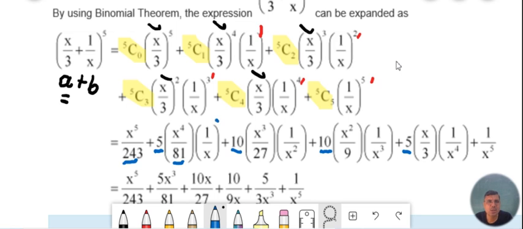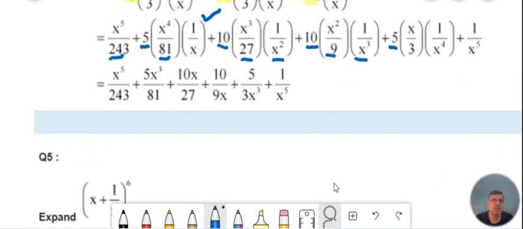Now that is introduced in the second term. And similarly x cube, 1 upon 3 cube is 27, and 1 upon x square. Then 3 square is 9, and 1 upon x cube, and so on. Then simplify. This will be your last term, and this will be your answer.